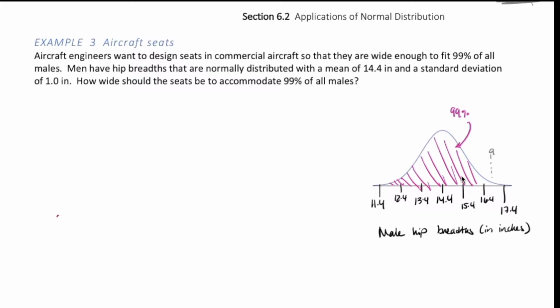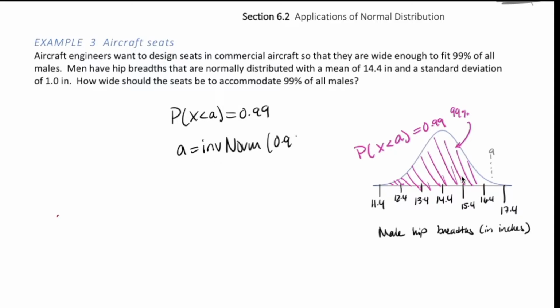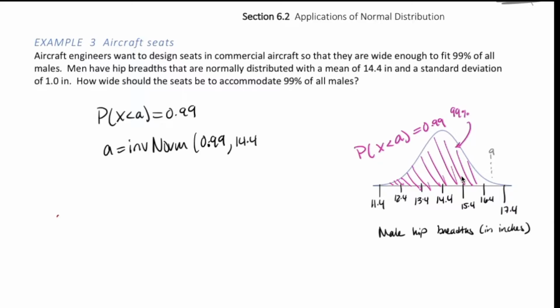And that's going to be found, in probability notation, this looks like the probability that x is less than a is about 0.99. And to find a, you use inverse norm. The area on the left is 0.99. Our mean is 14.4. And our standard deviation is 1.